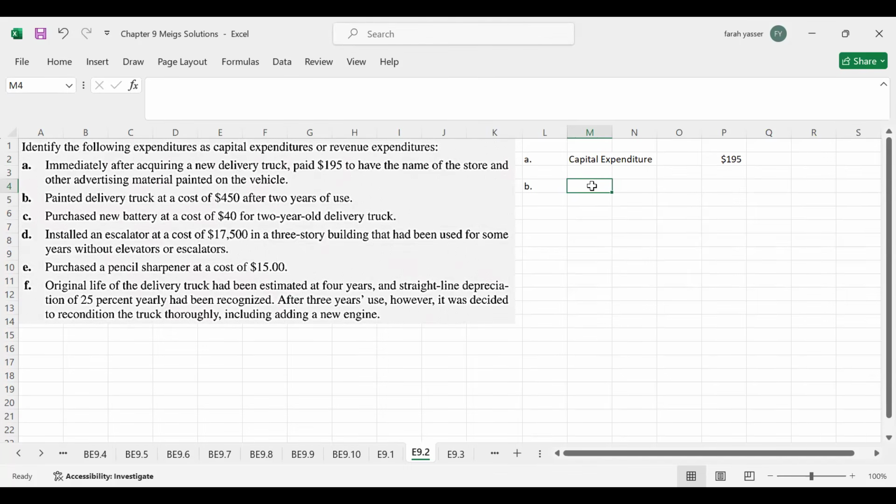So after 2 years of use, this becomes revenue expenditure. So this 450 represents revenue expenditure. Whenever you use any asset for several years and then you paint it, then this painting expense becomes revenue expenditure.